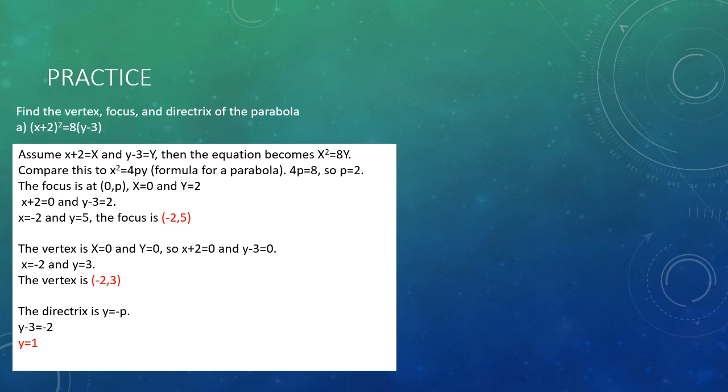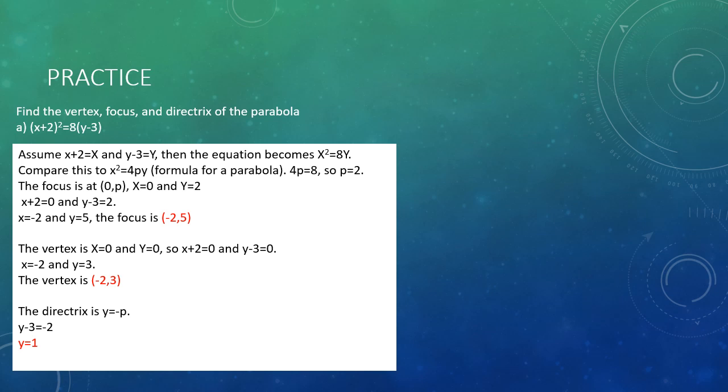So then if we substitute back in the original equations, we know that little x plus 2 is equal to 0, and little y minus 3 is equal to 2. Now if we solve for that, we get x equals negative 2 and y equals 5, which means that the focus is at (negative 2, 5).